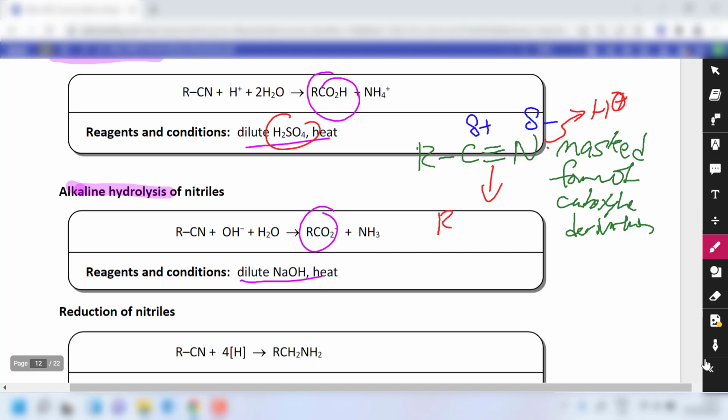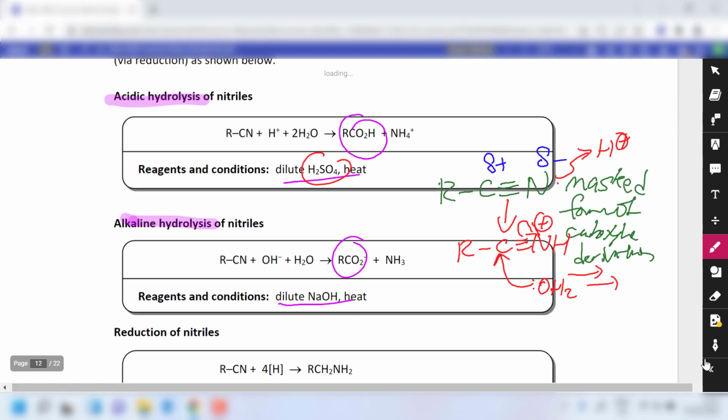Because of that, you create the conjugate acid, and protonating the nitrogen makes the carbon more electron deficient than it should be, so it will then be susceptible to nucleophilic attack by water, and then the pi bond will break, and so on. I'll leave it to you to figure out how to draw the mechanism. But for H2, no need to know.